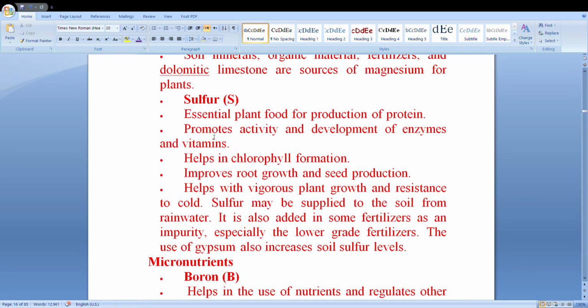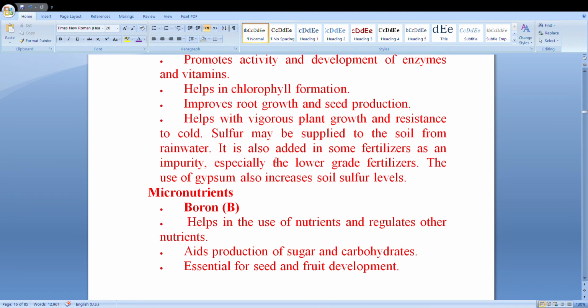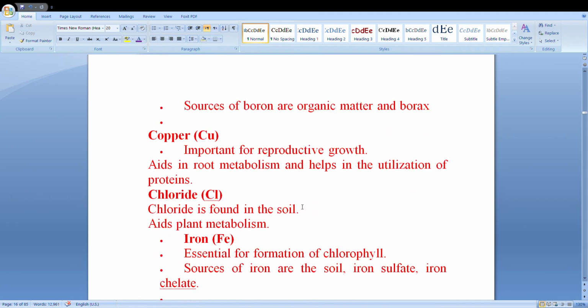Sulfur is essential for plant food and the production of proteins. Among the micronutrients, boron aids the use of nutrients and regulates them. Copper is important for reproductive growth, like flowering and fruiting, aids root metabolism, and helps the utilization of proteins.